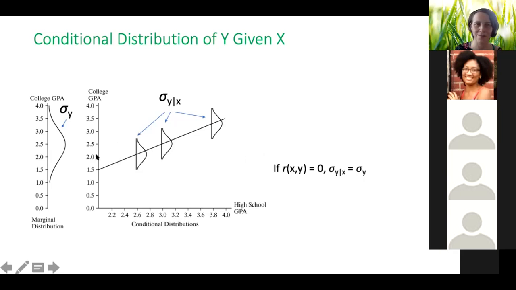If we used high school GPA to predict college GPA and there was no relationship, we would have a horizontal line at mean college GPA, and the conditional distribution of our college GPAs would, for each value of x, be the same as the population distribution.